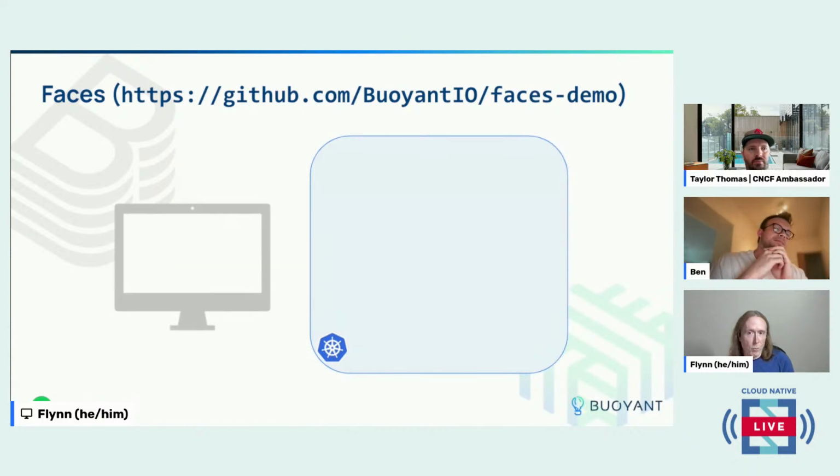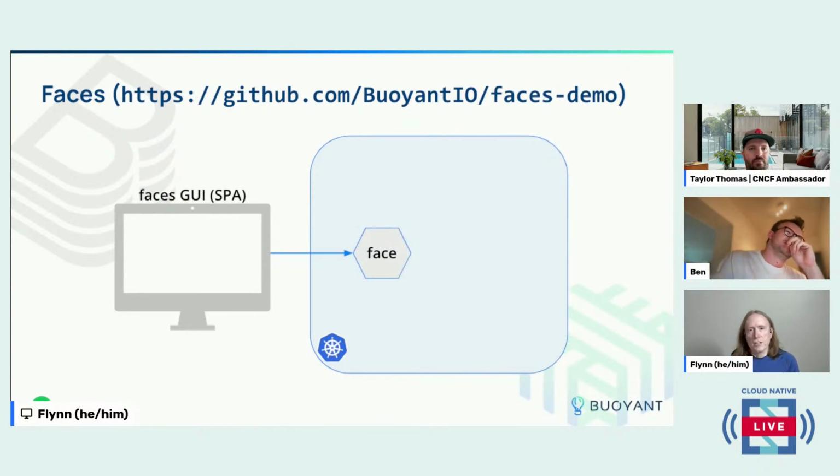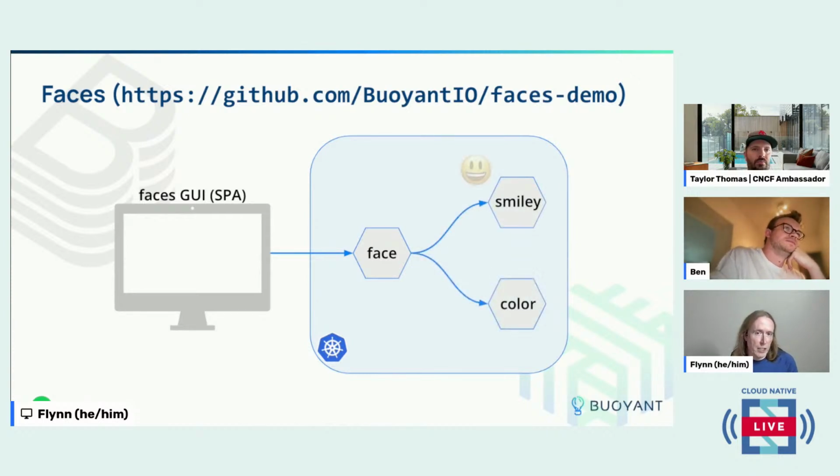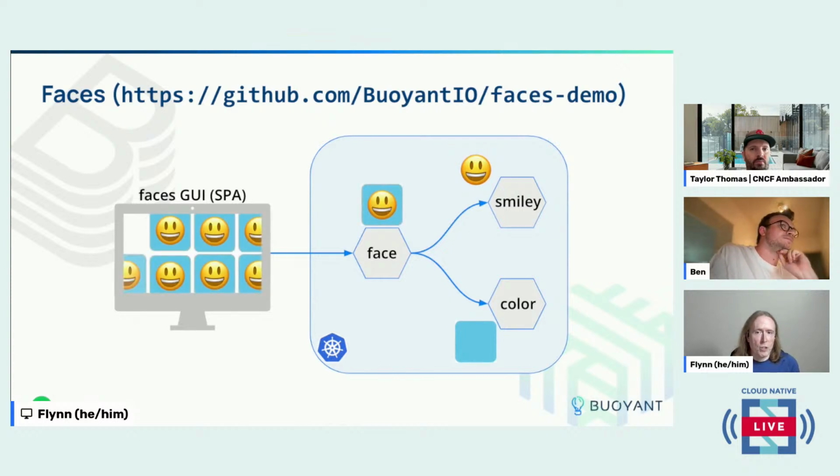We have a web browser, which is the Faces GUI loaded up, a single page web app. The GUI talks to a workload called Face. The Face workload talks to the Smiley workload and to the color workload. Smiley, as you might expect, is supposed to return this grinning smiley face. The color workload is supposed to return this blue color. Face composites the two together, and that tells the GUI what to show.